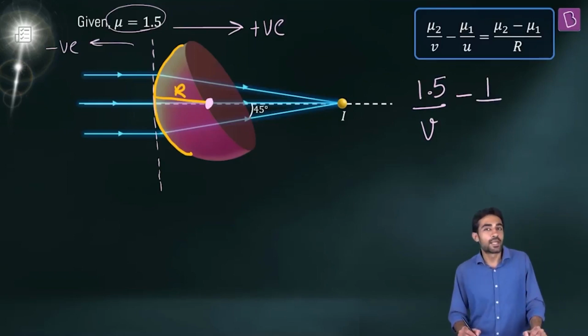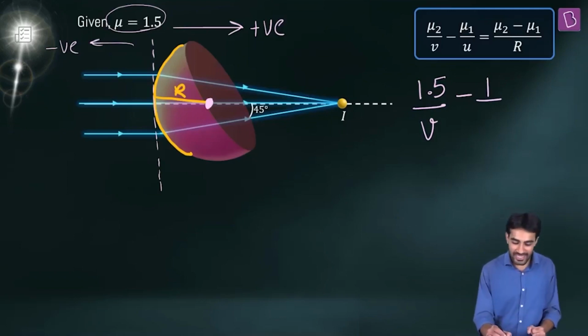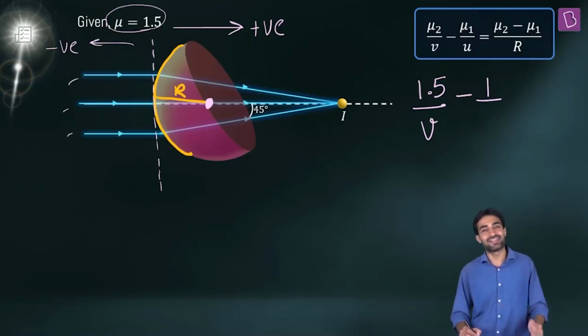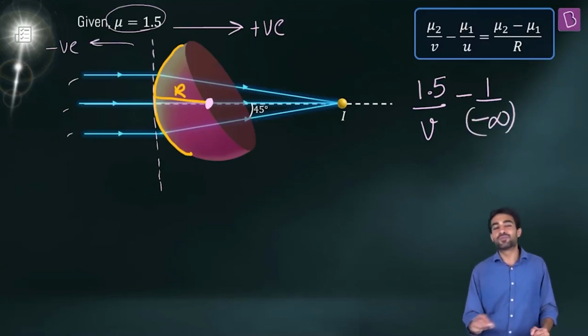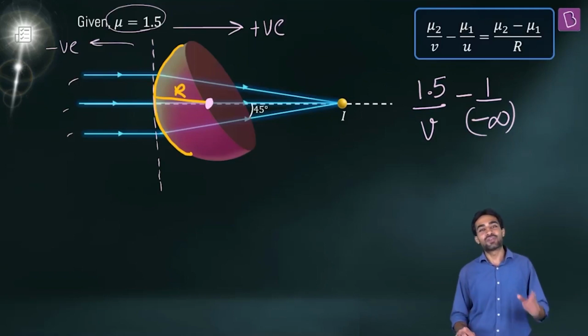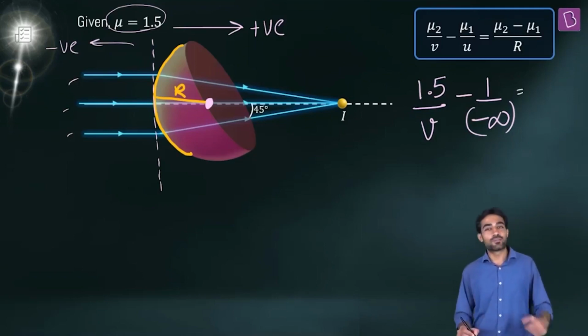What is u? U is the object distance. So where is the object? Well, the object is at infinity, because the rays are coming parallel to each other. So, the object is at minus infinity. We take everything with sign. Now we will write mu2 minus mu1 divided by r.